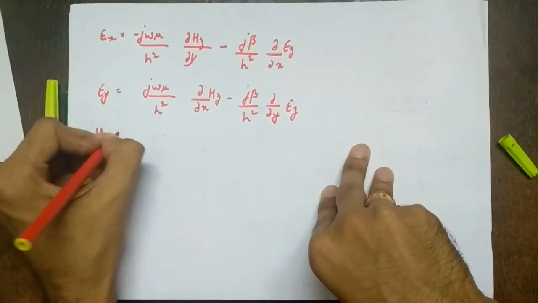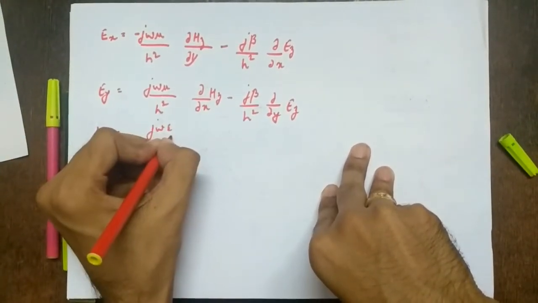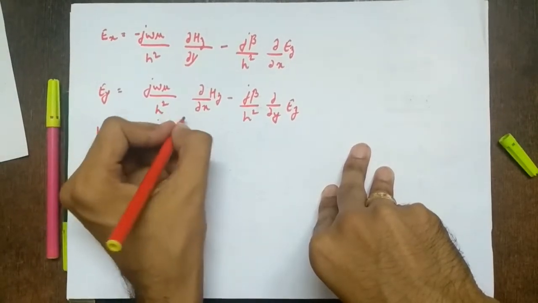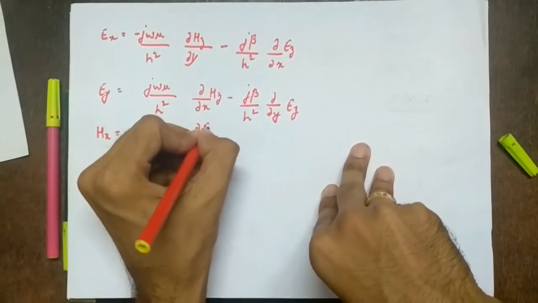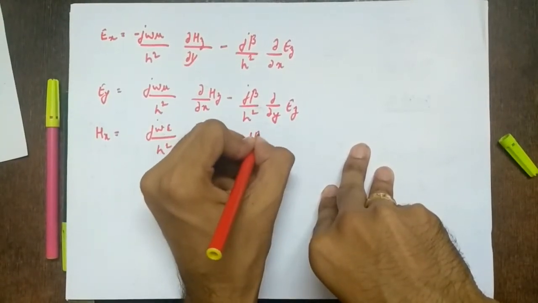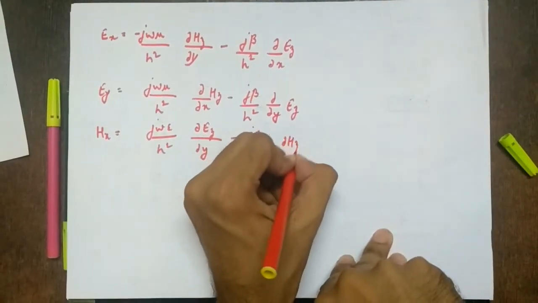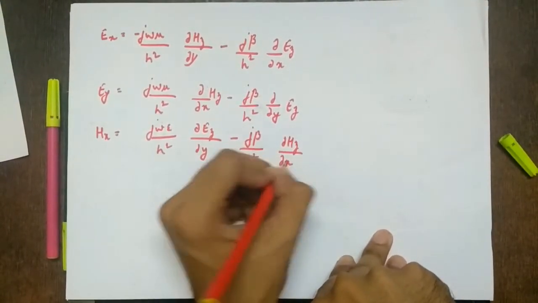Similarly, we'll have Hx and Hy. So Hx is j omega epsilon upon h square del Ez by del y, minus j beta by h square del Hz by del x.